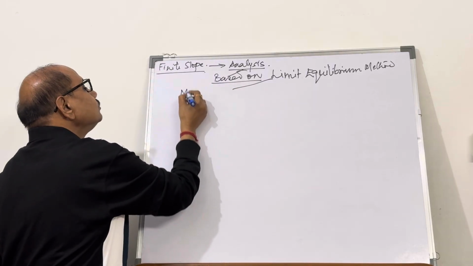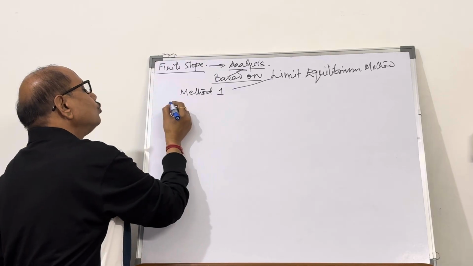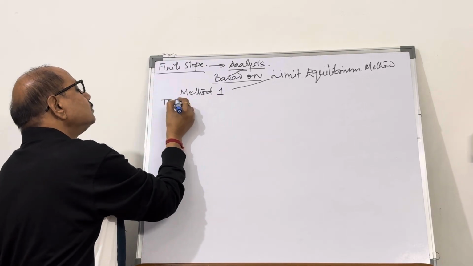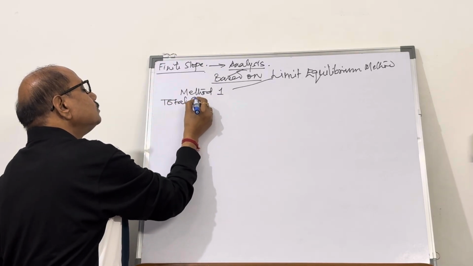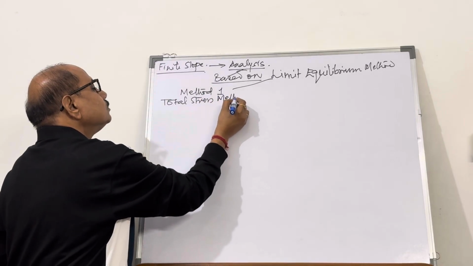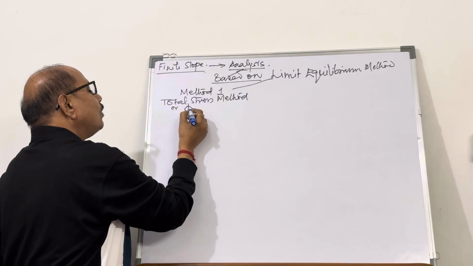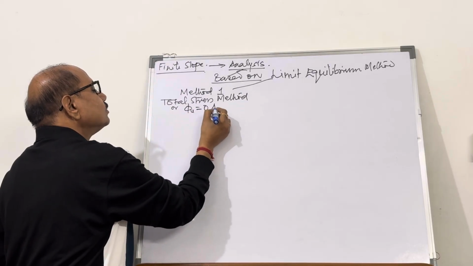Method 1 is the total stress method, or we call it phi u equal to 0 analysis.